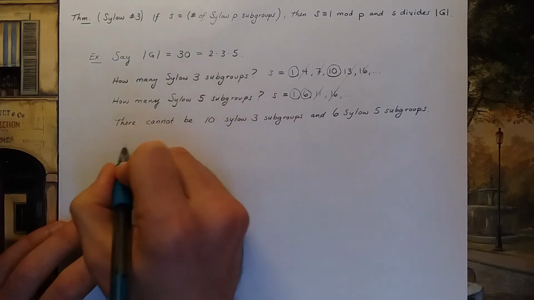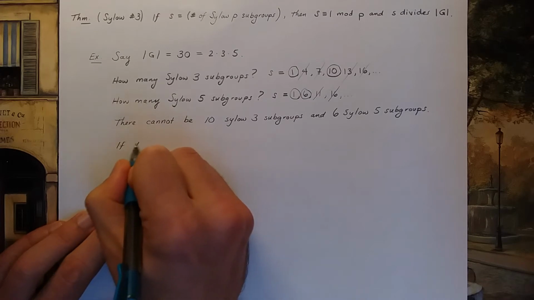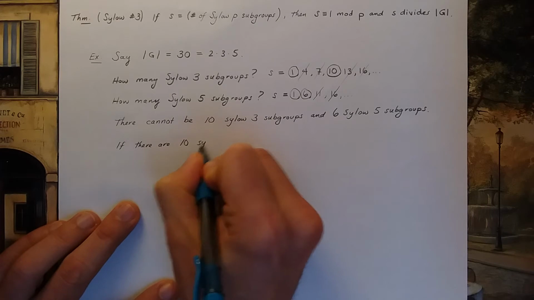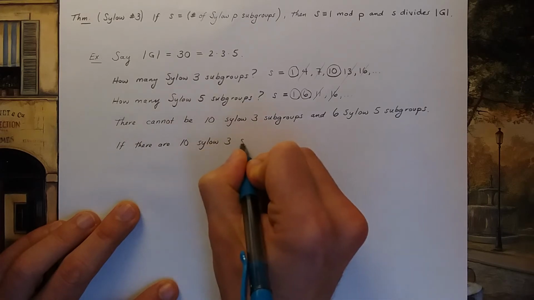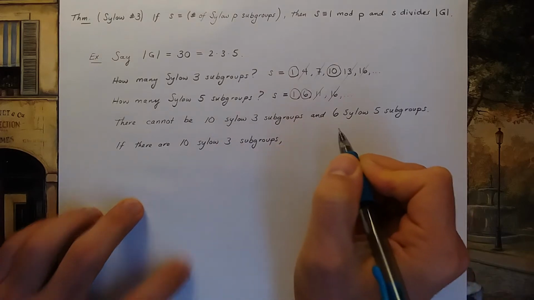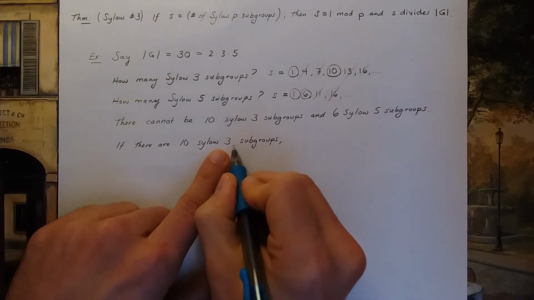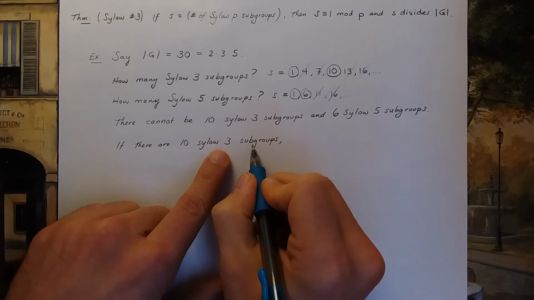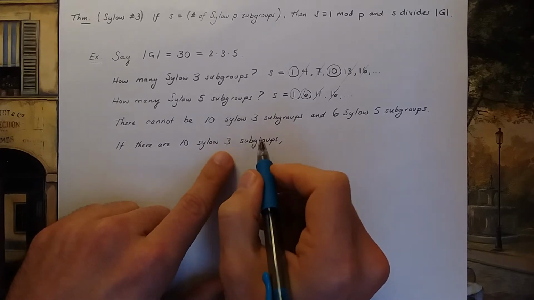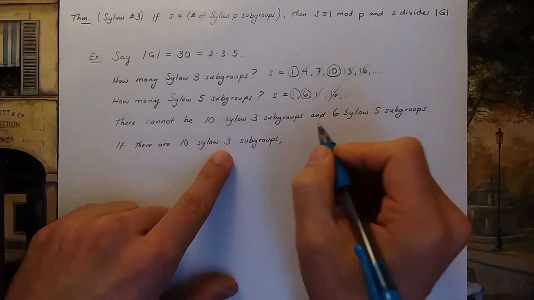Why? If there are 10 Sylow 3 subgroups, 2 of these Sylow 3 subgroups could only intersect trivially. I should write that down.